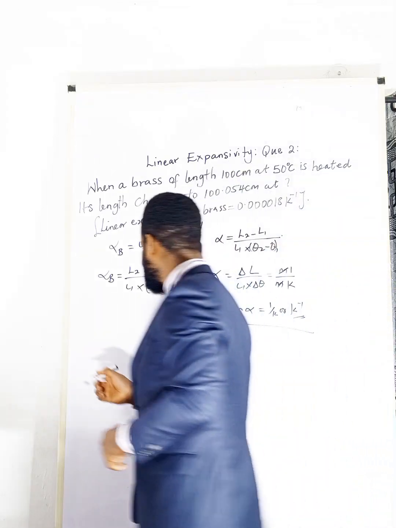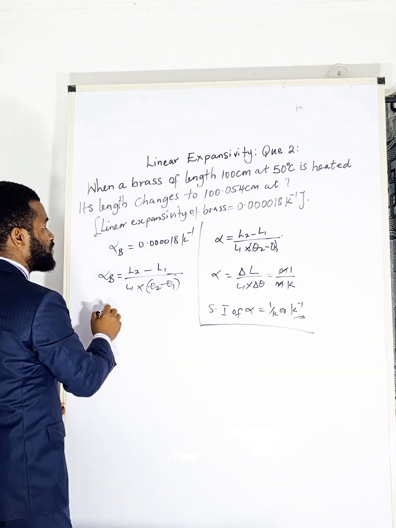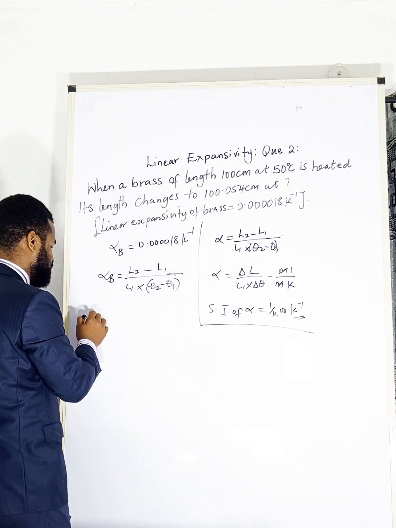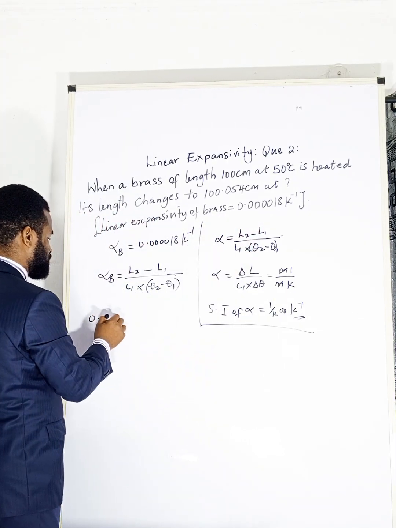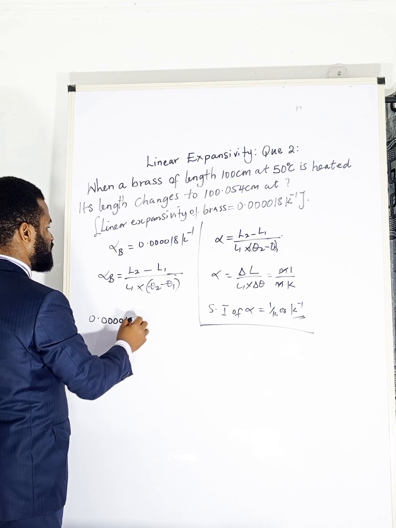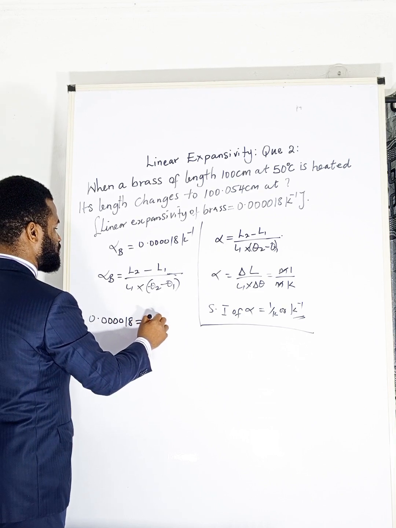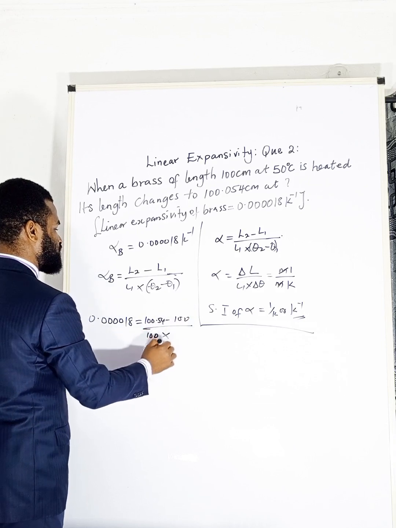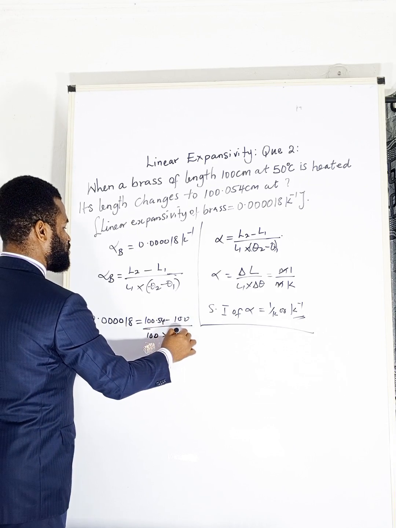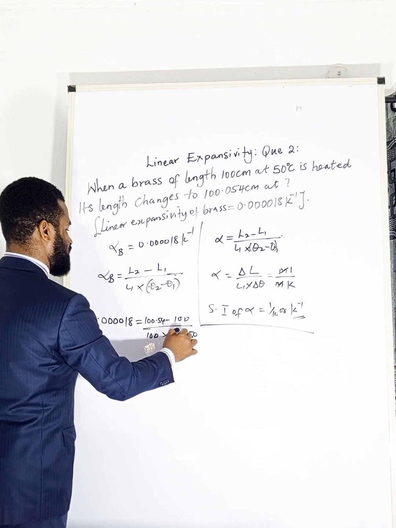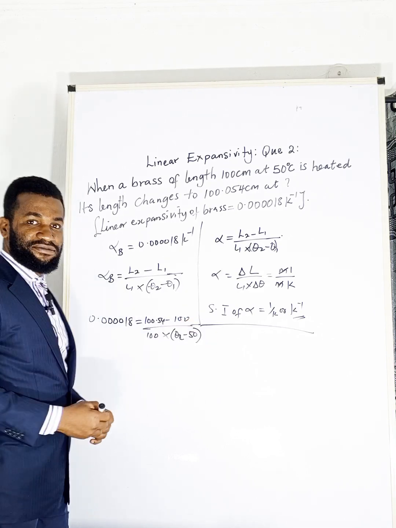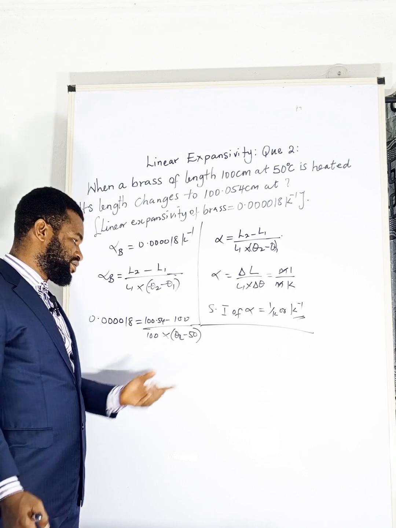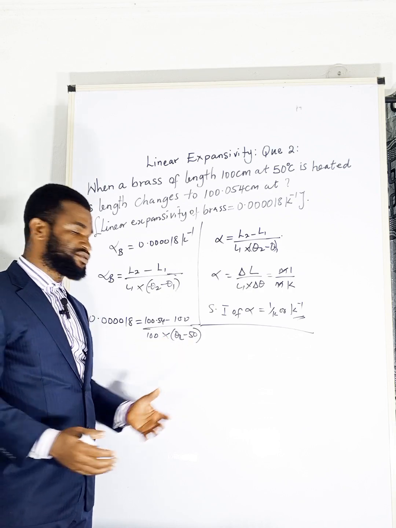Now let's go. 0.000018 is equal to 100.054 minus 100 all over 100 times theta 2 minus 50, all right? Now, somebody might ask, why can't I change this to Kelvin? It's not really necessary. Let's use Celsius to continue solving.